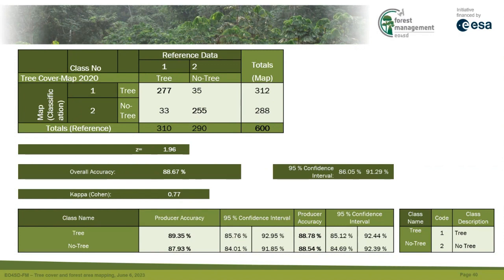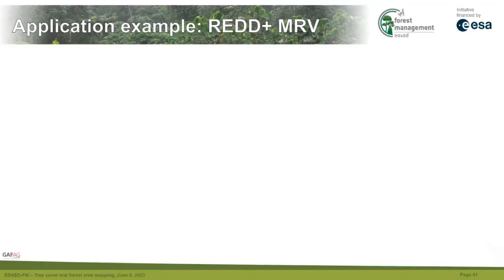And then the producer's accuracy, which is the probability that a certain land cover of an area on the ground is classified as such, and the user's accuracy, which on the other hand tells us how often a class on the map is actually present on the ground. So it is a measure of reliability of the classification.